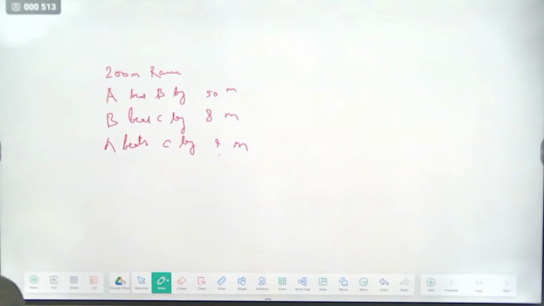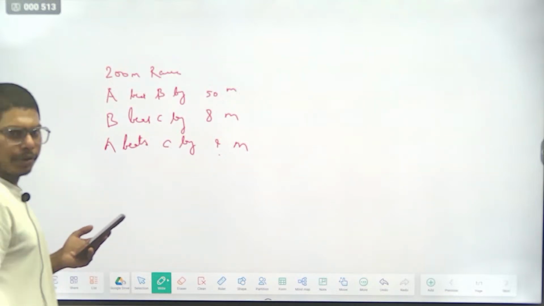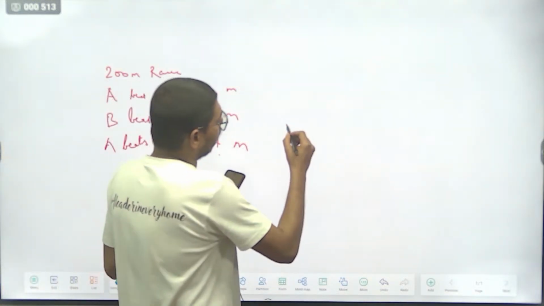A beats B by 50 meters and B beats C by 8 meters. Take your time, understand the question.